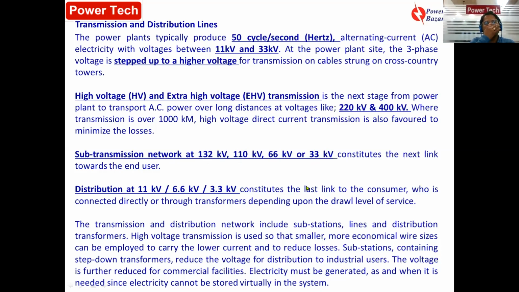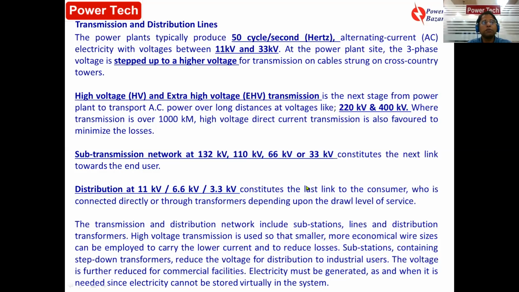So the distribution system starts from 33 kV to 3.3 kV, because you cannot consume energy at a higher voltage. It has to be reduced to an LT voltage or an HT voltage, maybe at 11 kV or 6.6 kV, where you can rotate your HT motors. Or for household appliances, household consumption, I require 440 volt or 230 volt.